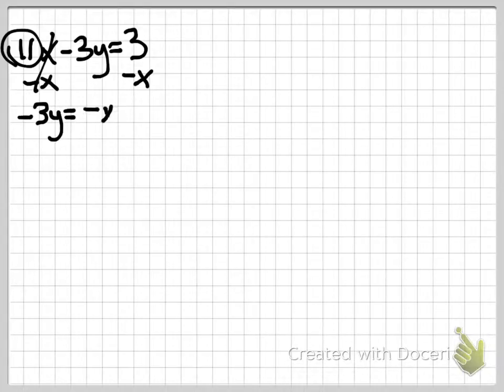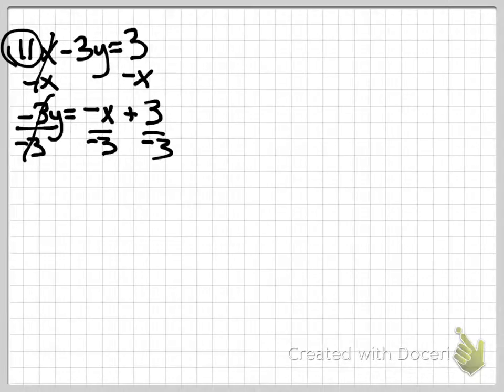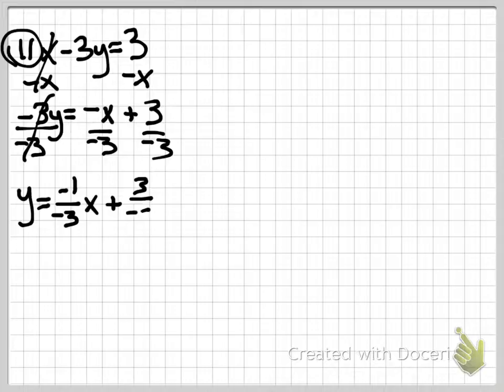Remember that x is pushy, it pushes right in front. Now divide every piece by negative 3. So y equals negative 1 over negative 3x plus 3 over negative 3. Well, the negative 1 over negative 3, those negatives will cancel each other out, be positive, and that would be a minus 1 on the end.